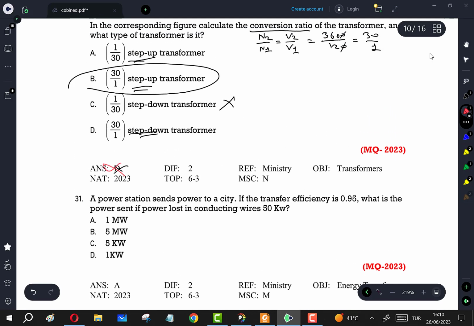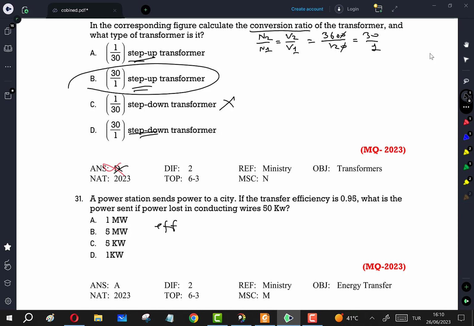Question number 31. A power station sends a power to a city. If the transfer efficiency is 0.95, what is the power sent if the power lost in the conducting wire is 50 kilowatt? So we know that transfer efficiency is power received divided by power sent.